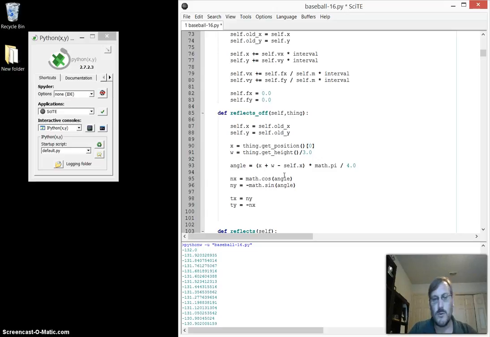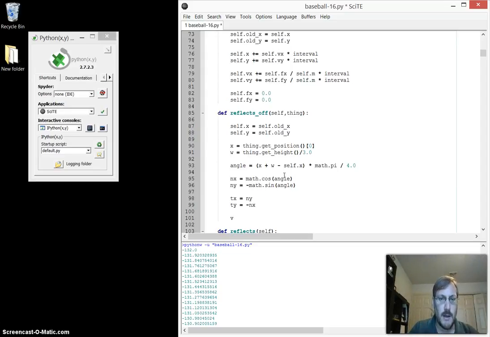So now I've got those two tangential vectors and the normal vectors. I want to save the tangential components of the velocity, and I want to reverse the normal components. Which means I have to find the normal components and the tangential components, right? I have to find them before I can manipulate them.